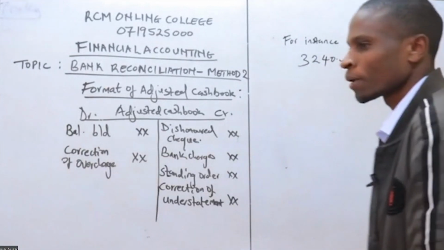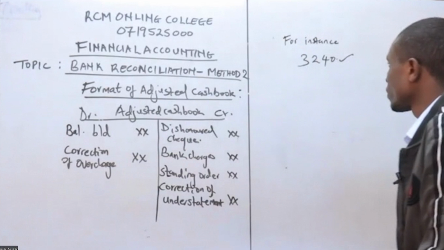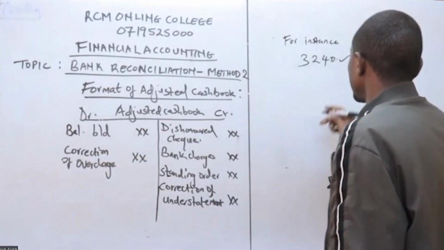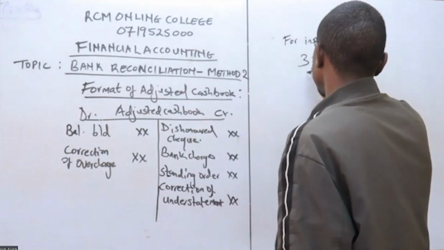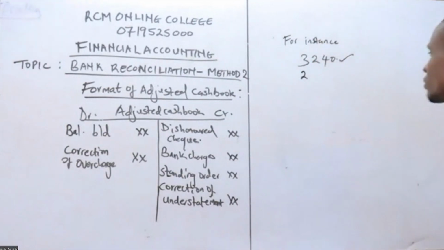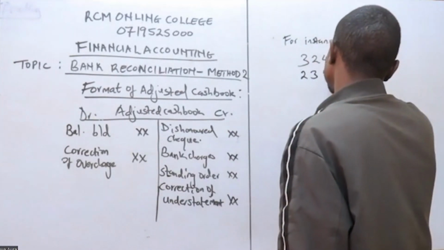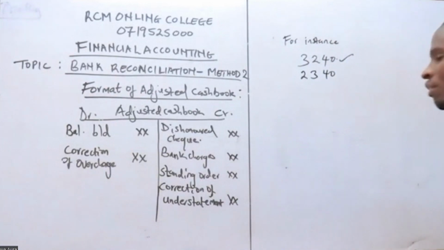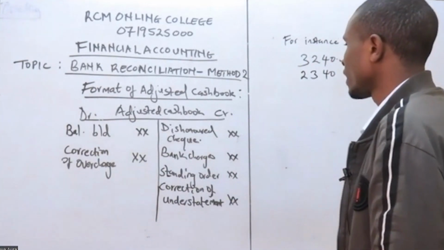But when entering this value, maybe you made a mistake and made a transposition error, and you wrote 2340. That is an understatement, undercharge.